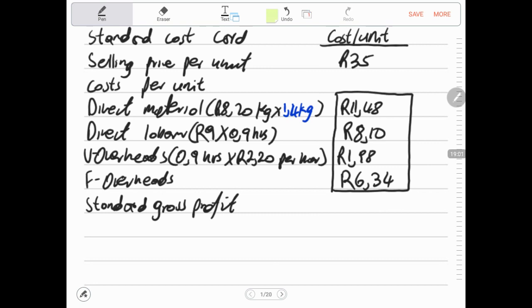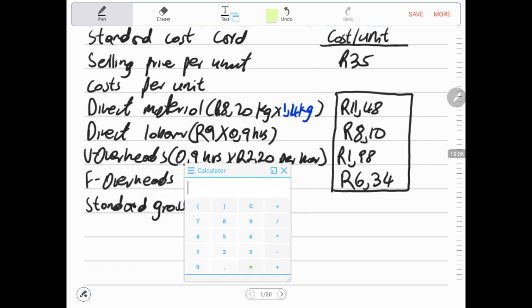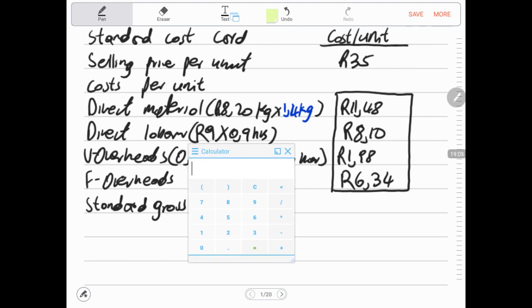Therefore now I have calculated all of my cost per unit, per hour, or per kg. Then I can say 6 rand 34 cents plus 1.98 plus 8 rand 10 cents of labor cost plus 11 rand 48 cents of material per unit, and this gives me a total of 27 rand 90 cents.